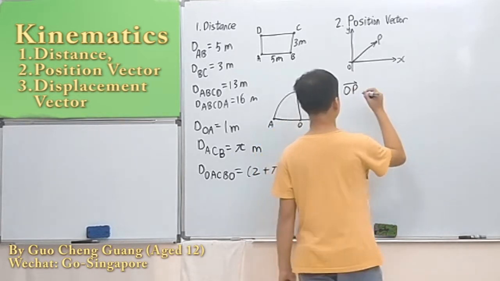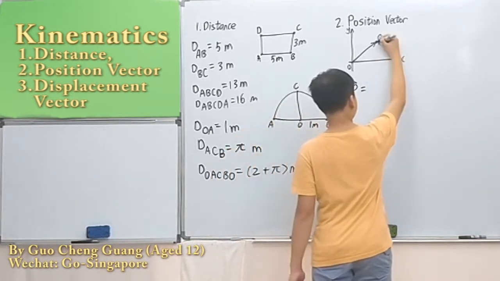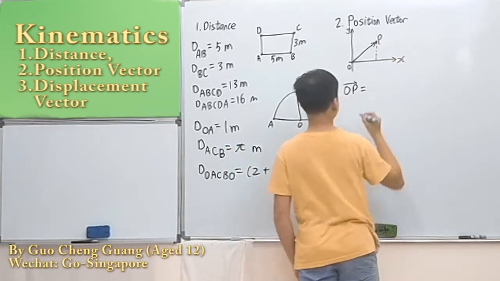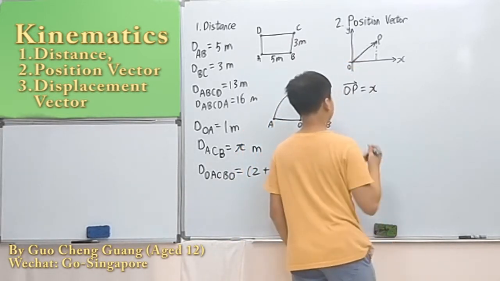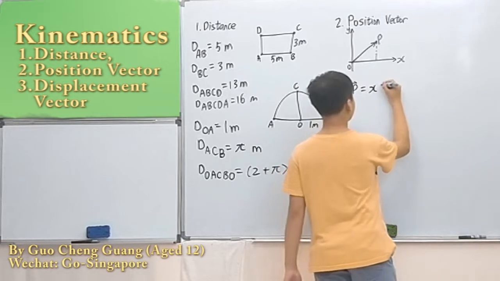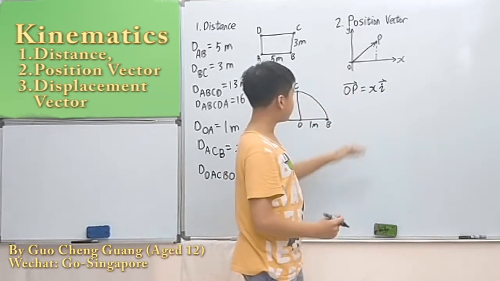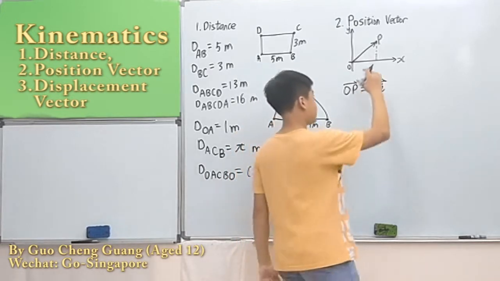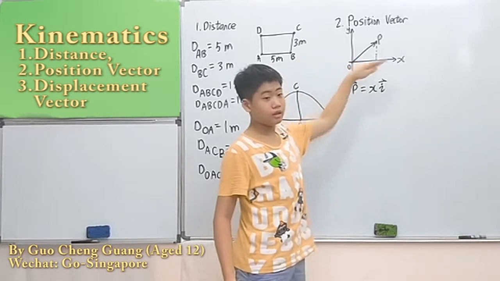Now the position vector is made up of components. Let's say it traveled x in this direction. This i vector is the x component, so it goes this much in the x component.